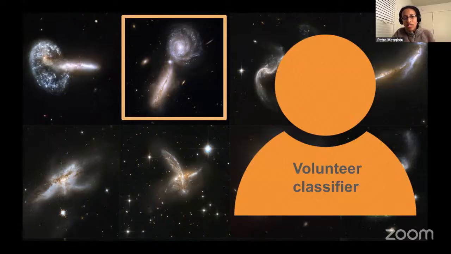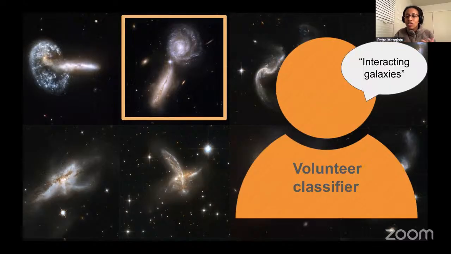For these two galaxies in particular, they look like they are interacting with each other, so the volunteer might respond that these are interacting galaxies. That is the bare principle of what Galaxy Zoo does.